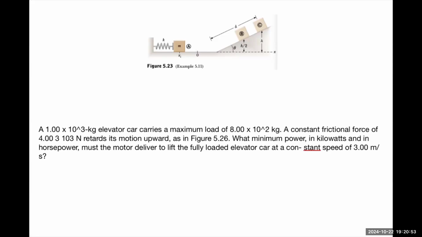A constant friction force of 4.00 times 10 to the 3 Newton retards its motion upward. And the figure: what is the minimum power in kilowatt and in horsepower the motor must deliver to lift the fully loaded elevator car at a constant speed of 3 meters per second?